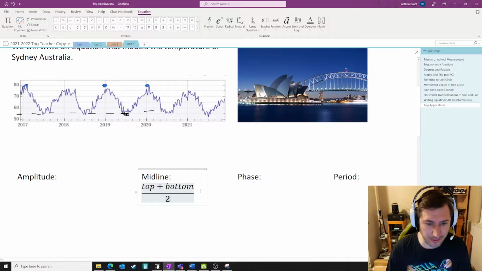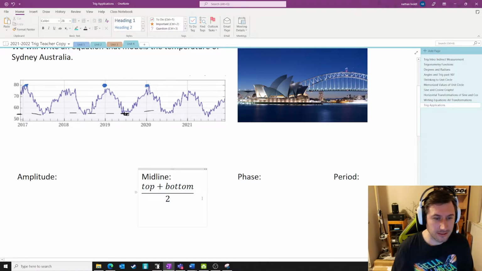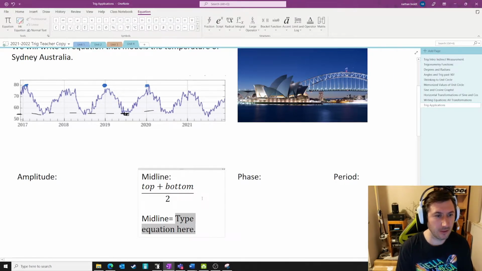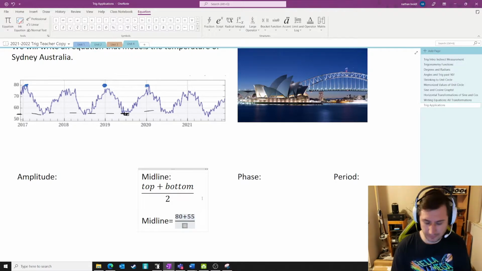That's how you can find the middle. If you can't see it and count it just by the graph lines, top plus the bottom divided by 2. So our midline is equal to, we said our top was going to be 80 plus the bottom 55 divided by 2.